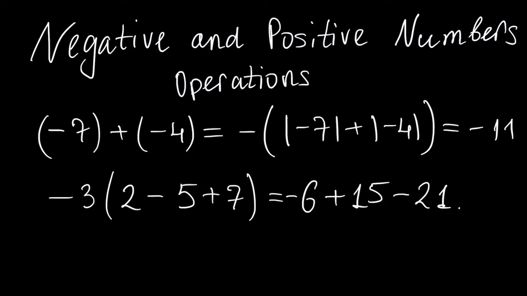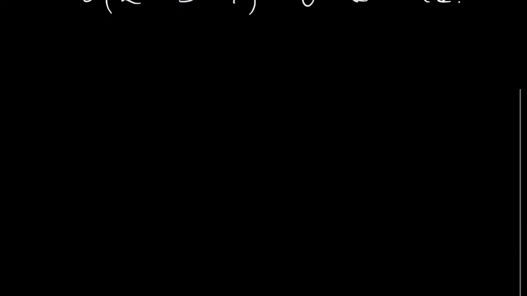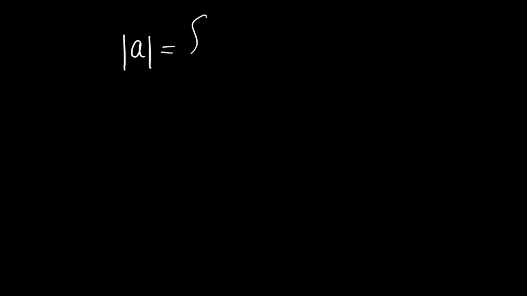First of all, we have to remember the definition of absolute value. Assume we have a and its absolute value. By definition, if you don't know this, please watch our previous tutorial on absolute value.